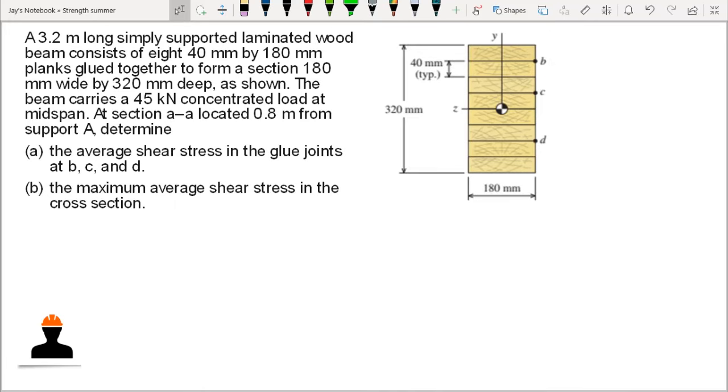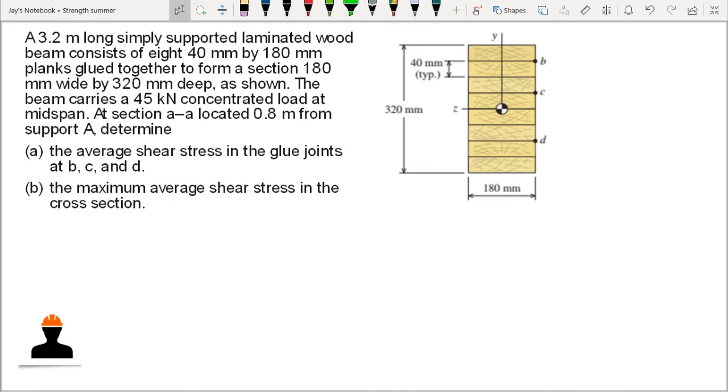The beam carries a 45 kN concentrated load at midspan. At section A, located 0.8 meter from support A, determine the average shear stress in the glued joint at B, C, and D. Then, determine the maximum average shear stress in the cross section.